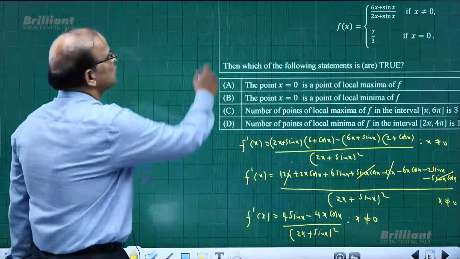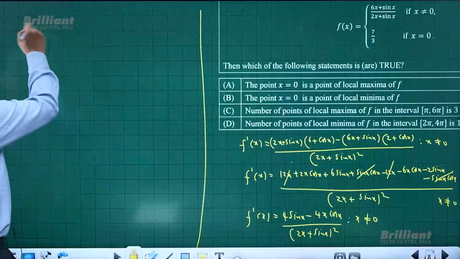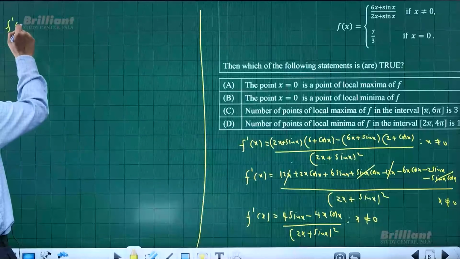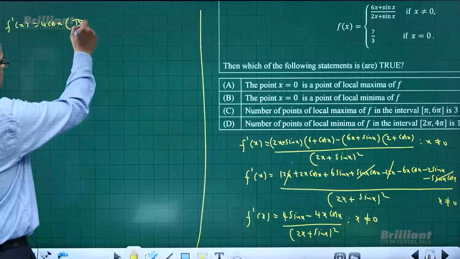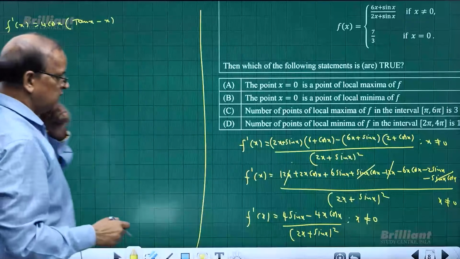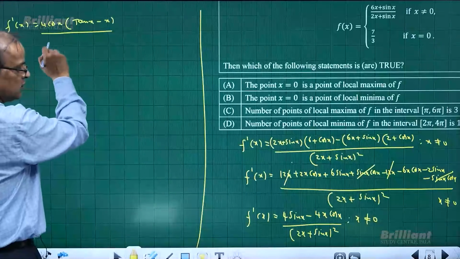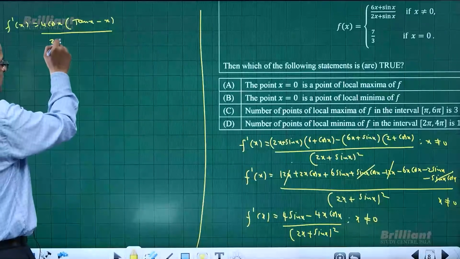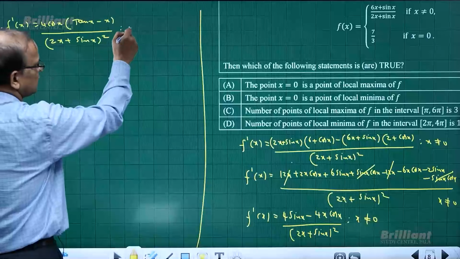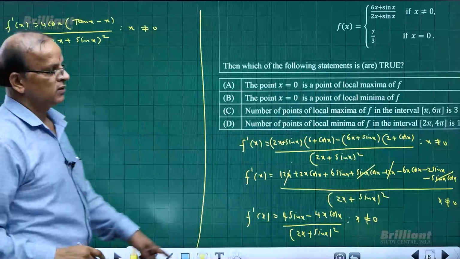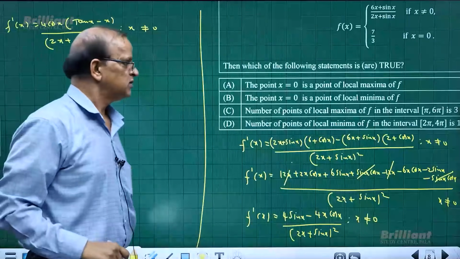Now, what is this from here? You can take 4 cos x common, right? f dash x is 4 cos x common, (tan x minus x), you will get, since sin by cos, and by (2x plus sin x) whole square, right?